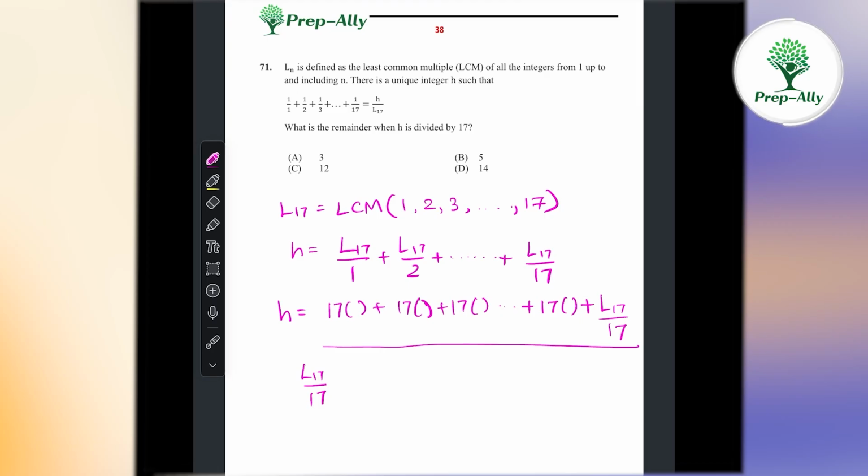So what's L17 by 17? It's just equal to L16, right?